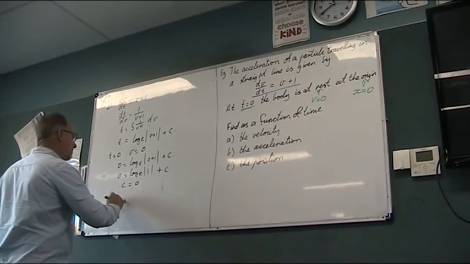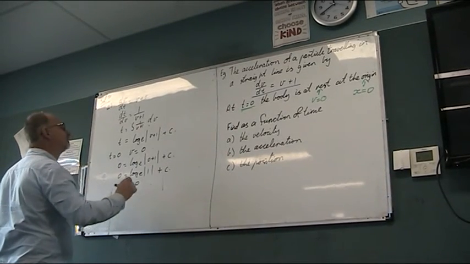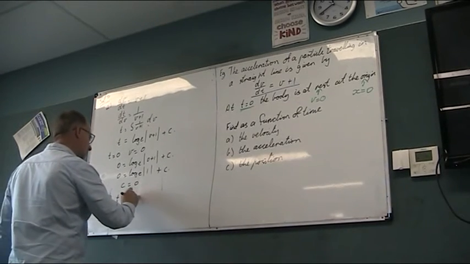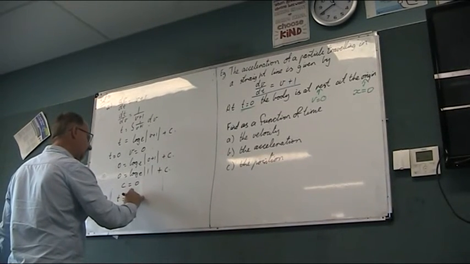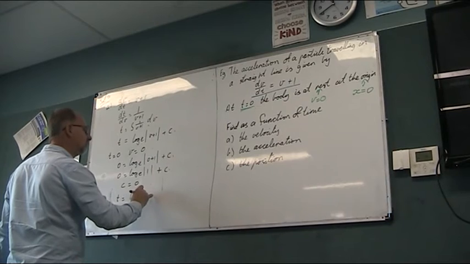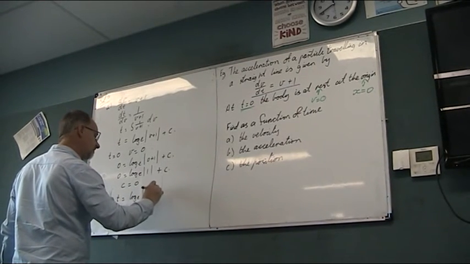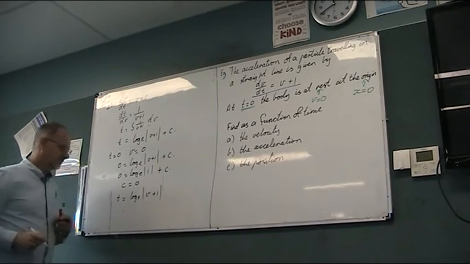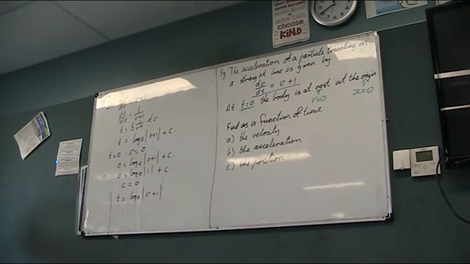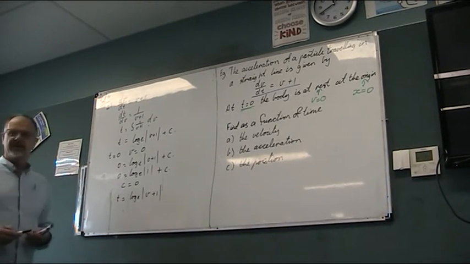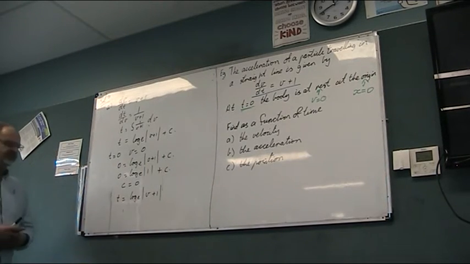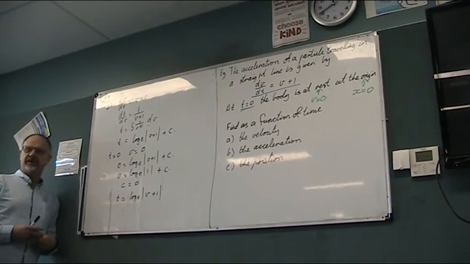Alright, so now we've got then that t equals log to the base e of v plus 1. Alright, we need to get velocity as a function of time, so we need to get v equals. So what are we going to do here?